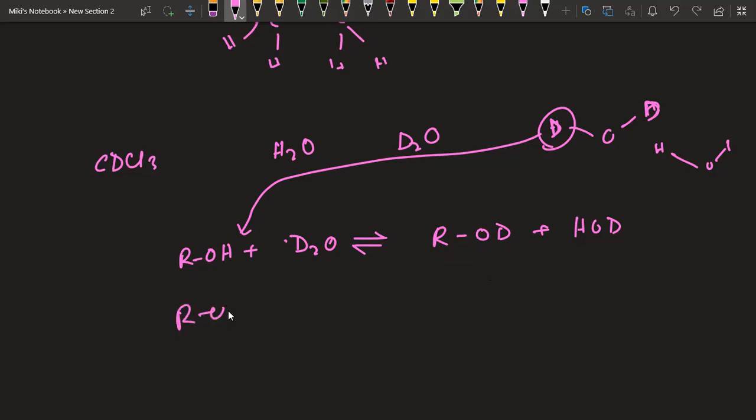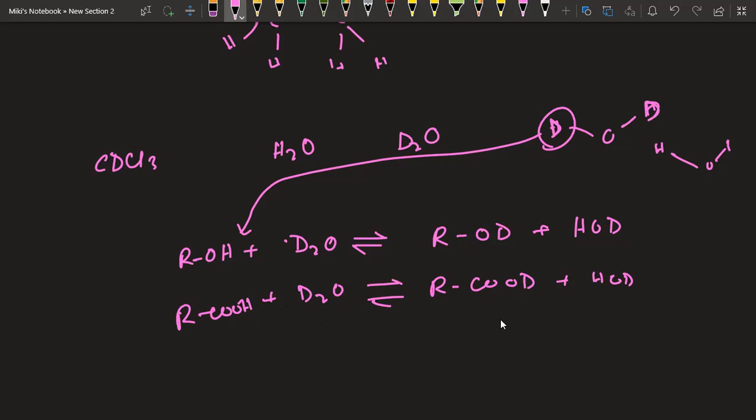Similarly, let's say we have our COOH, carboxylic acid. We again added D2O. This is a reversible reaction because this is not a complete ionic reaction; it follows equilibrium. Similarly, RCOOD will form and HOD will be formed. Again, we know that a carboxylic acid singlet is found somewhere in the region greater than 11 and less than 12.